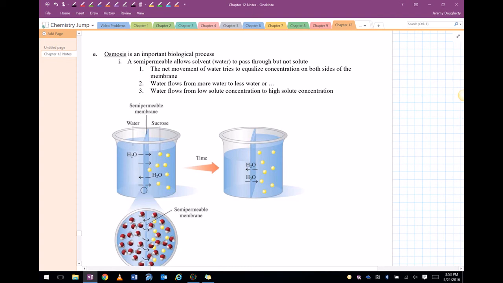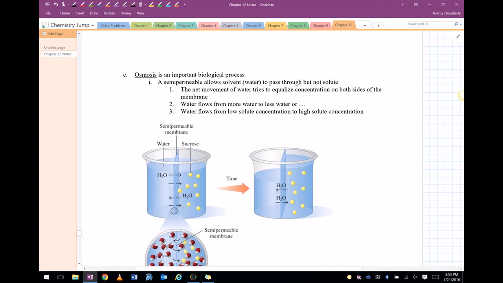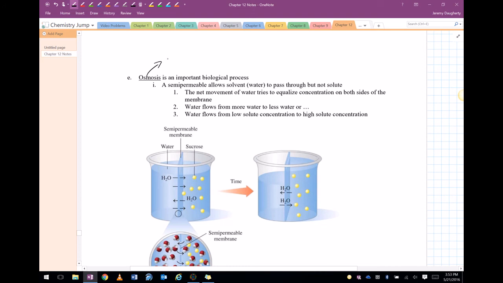Another property is osmosis. So osmosis is the passage of water across a semi-permeable membrane, and it's important to remember that osmosis is the passage of water. It is a special type of diffusion.